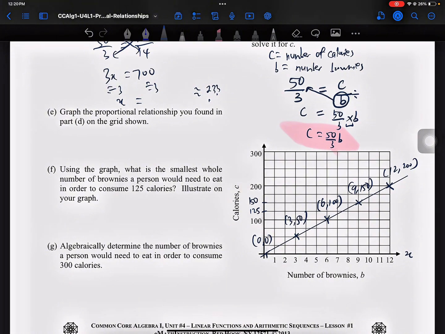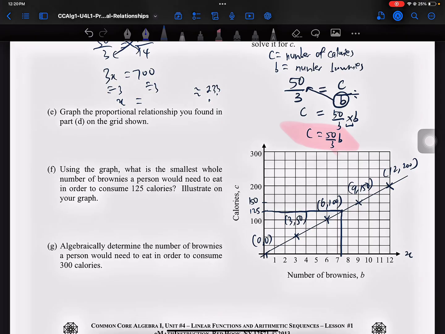Then we move horizontally until we touch the line. Then you drop straight down to the brownies axis x. The x value tells you how many brownies correspond to about 125 calories. It is around 7 to 8 brownies.